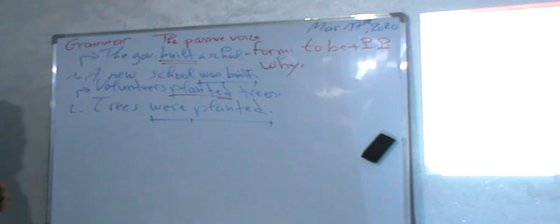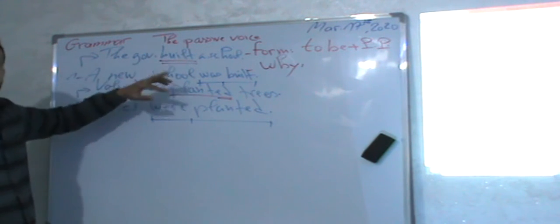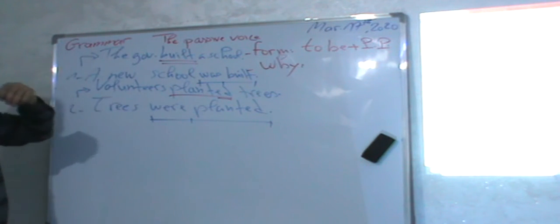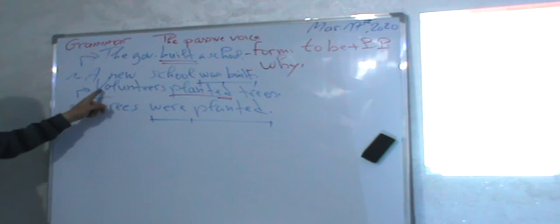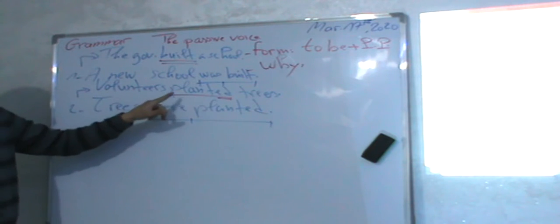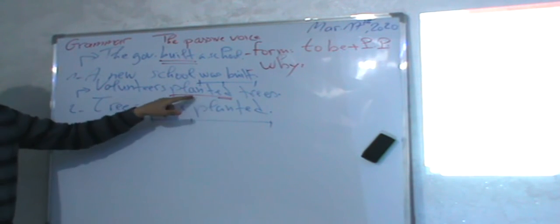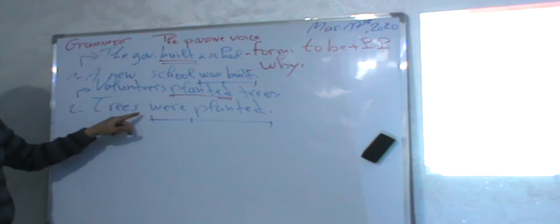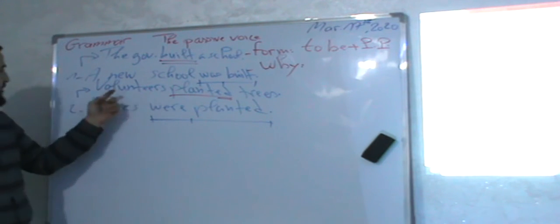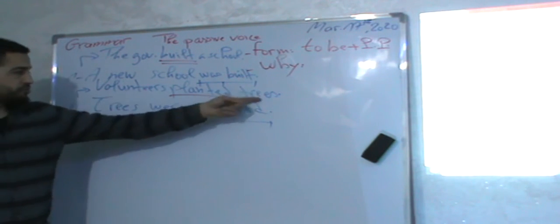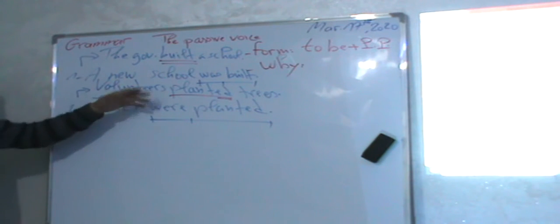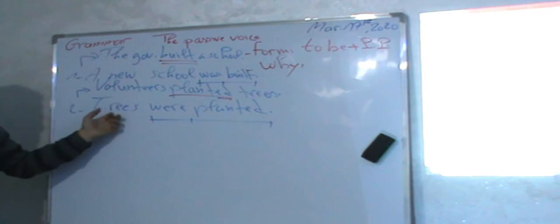The next point is the change of tense from the active to the passive. In the active, it says volunteers planted trees. Here the verb is in simple past. When we turn it into the passive, the focus is on what happened to the trees. They were planted.